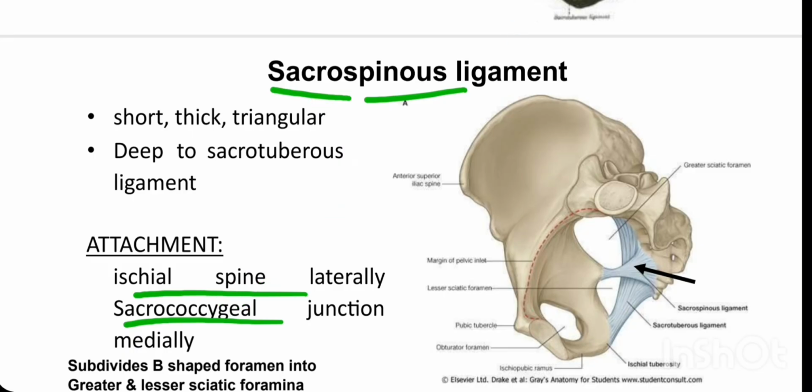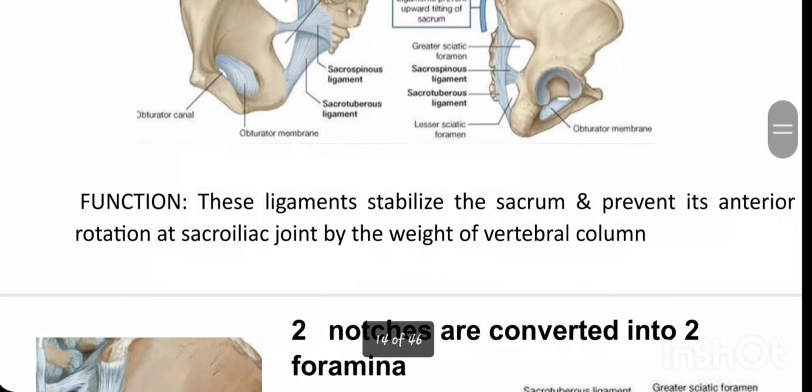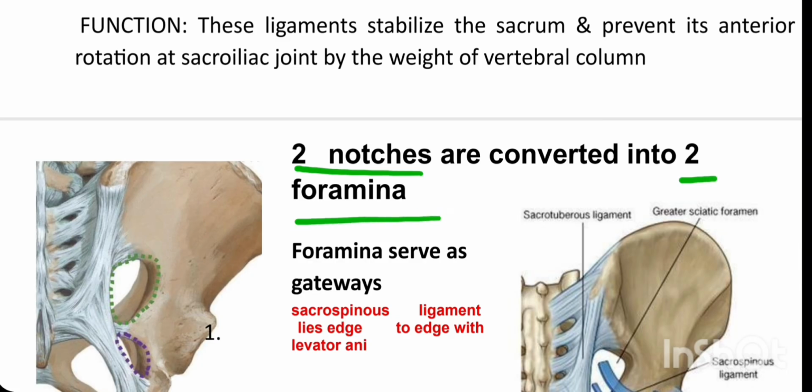These are the attachments. These two ligaments convert the two notches present in that region of the hip bone into foramina.